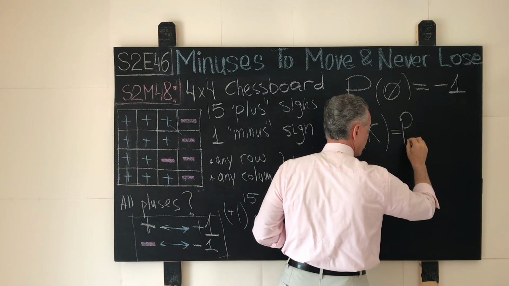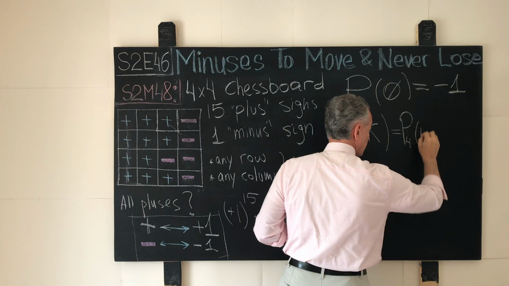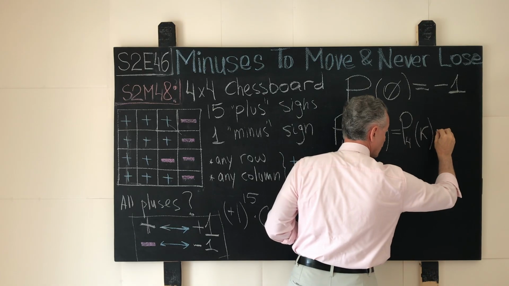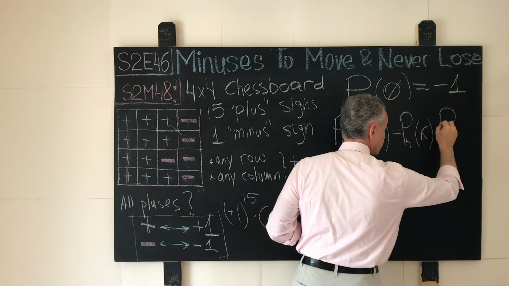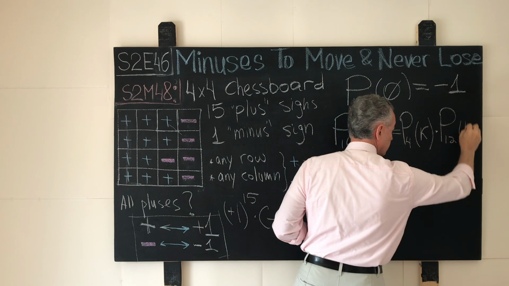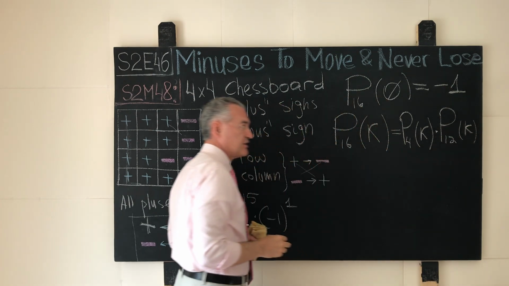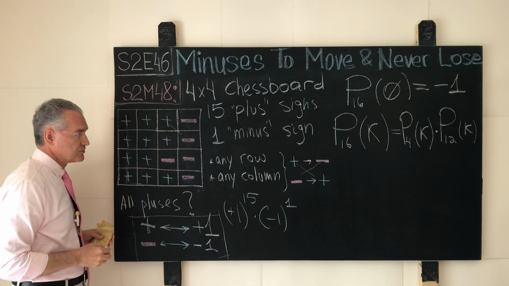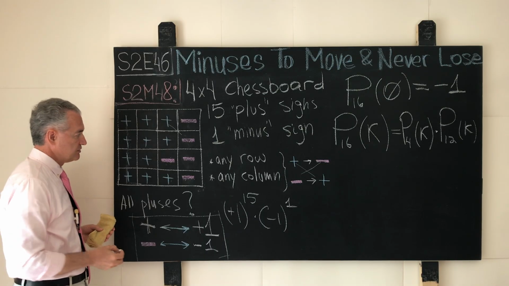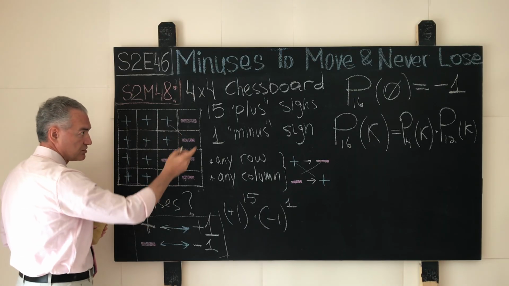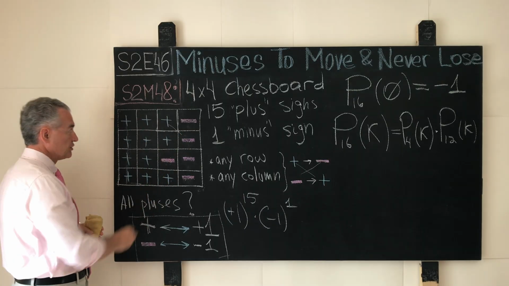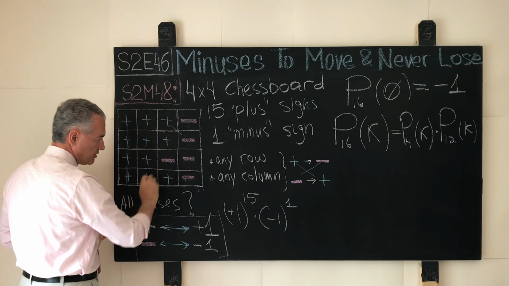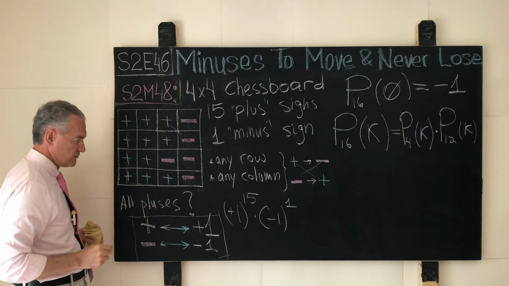The product of 4 plus 1s in the chosen column or row, times the product of the remaining 12 plus 1s and minus 1s in the board, which whatever it is, we do not know, but we also do not care, because this is how the multiplication of integers works. The product of 4 plus 1s and the product of the remaining plus 1s and minus 1s, whatever it is.